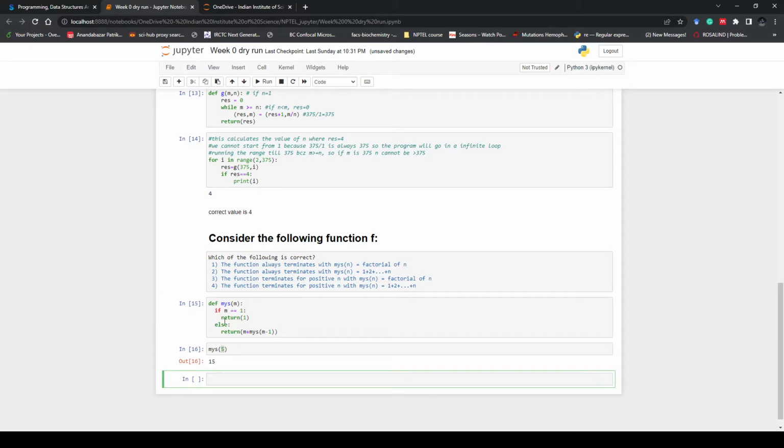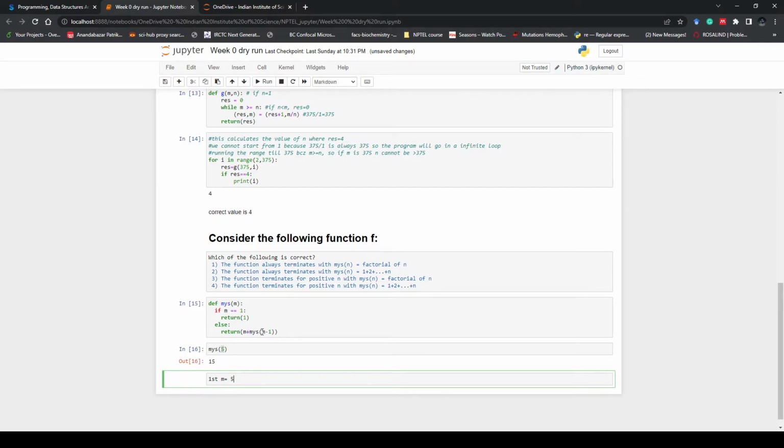Okay, now what is happening in this function? Let me make it as a markdown. So at first go, when m is equal to 5, it is not equal to 1, so it will return.